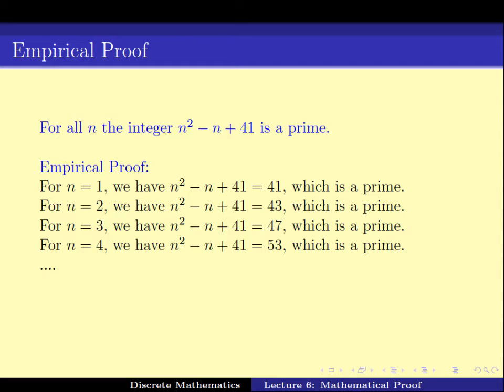So, from this experimental proof, we can conclude that the number n square minus n plus 41 is indeed a prime. It is always a prime for all n. Why? Because we have tried it out on some cases and those cases have revealed that it is a prime.